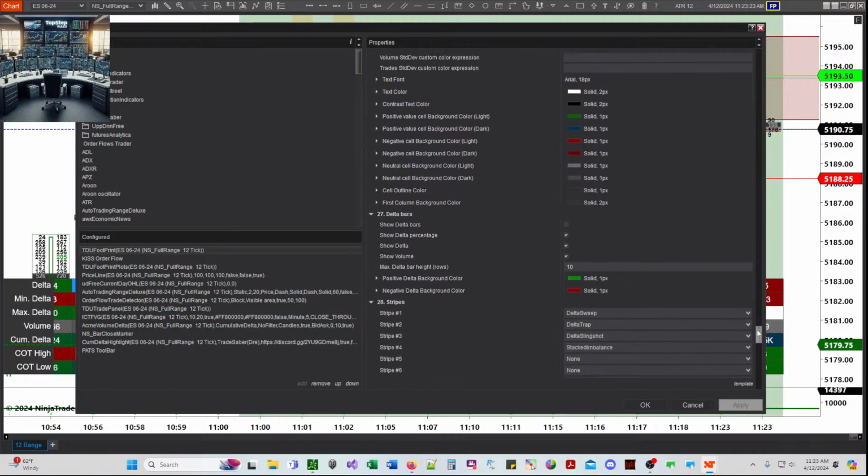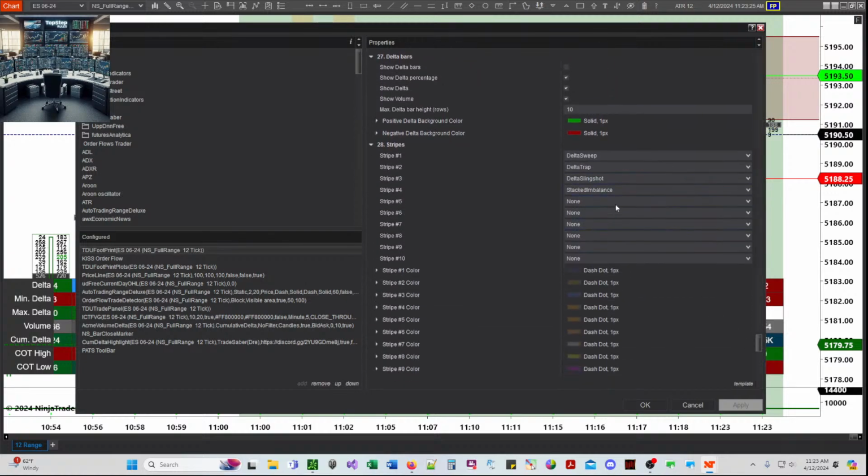And then you can set your sound up right here with your stripes. I have a delta sweep alert, I have a delta trap alert, I have a delta slingshot alert, and a stack and balance alert. That's it for right now. And you never have problems when you have those alerts set inside the software.